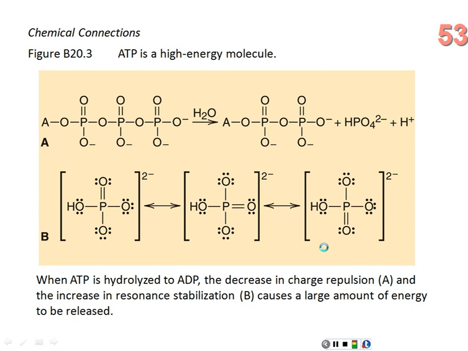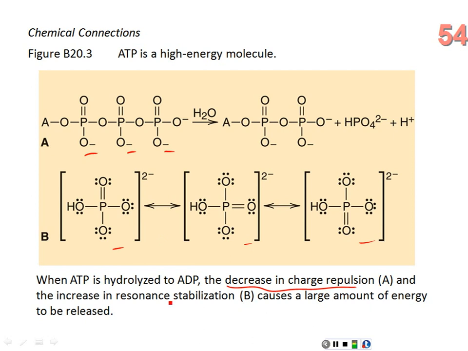Why is that? Well, you notice that there's charges here. The phosphate groups are all negatively charged, but they're close together in the triphosphate arrangement. So breaking one of those bonds decreases the charge repulsion, for one. And then if you also remember resonance structures, here's the resonance structure of the phosphate.